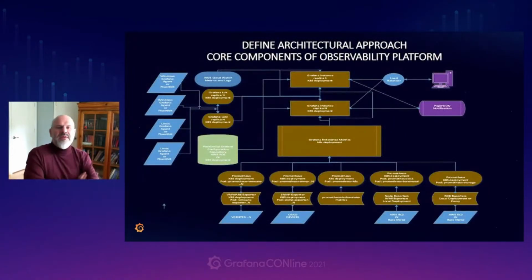So let's start with our architectural approach. As you can see here, this is a standard way to do this. You see here Mimir, which is Cortex. You see two replicas of Grafana Enterprise. You see Loki, of course, because we have to get all this log data and bring it to a central location. And of course, you see numerous Prometheus instances and exporters.